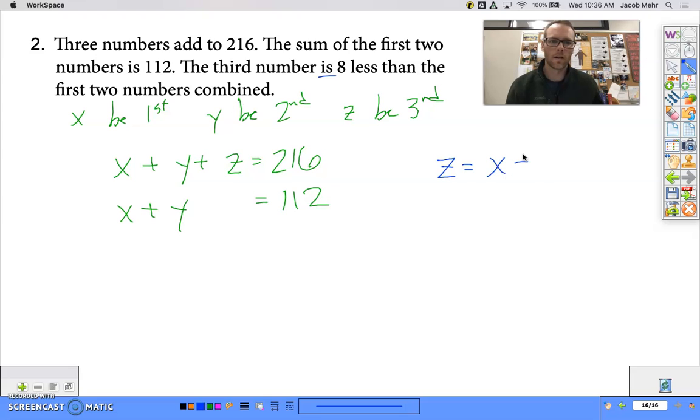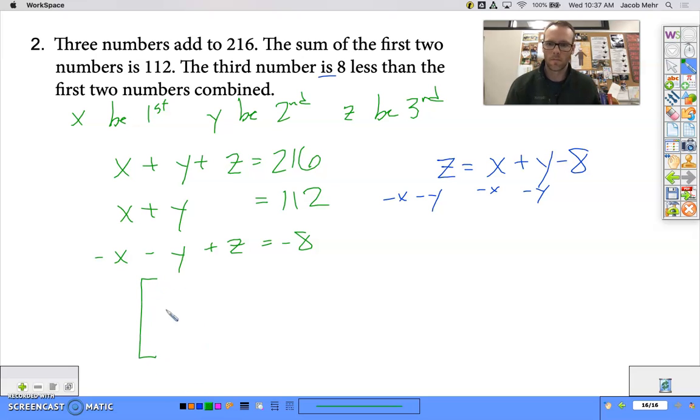The first two combined are x plus y, so z equals x plus y minus 8. Now let's get this into standard form by subtracting x and y on both sides. I get the equation negative x minus y plus z equals negative 8.